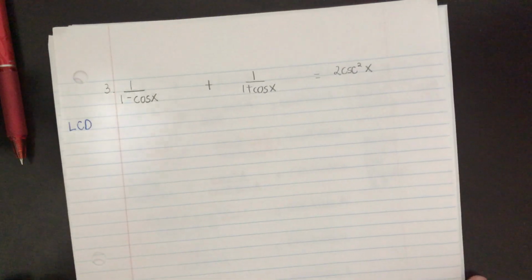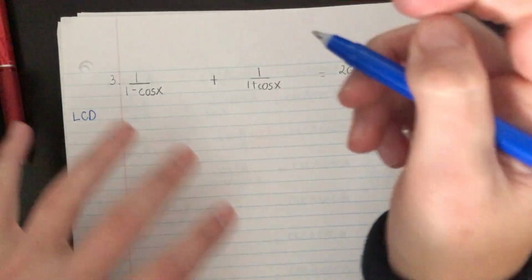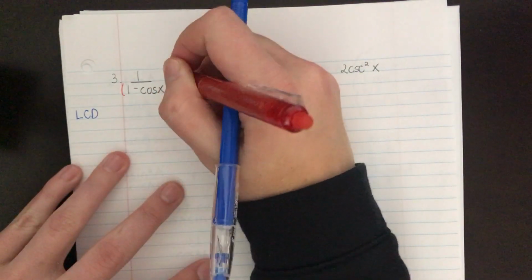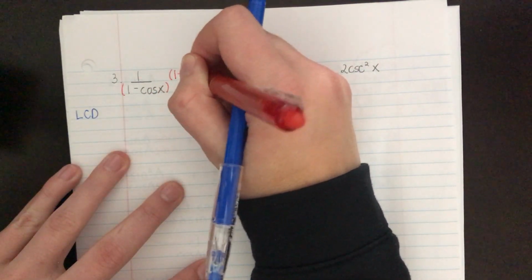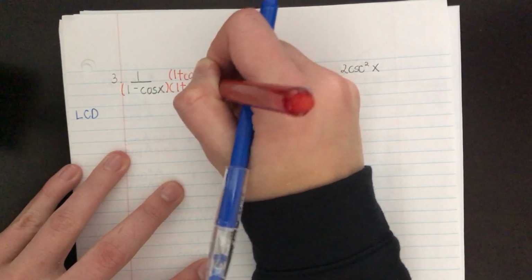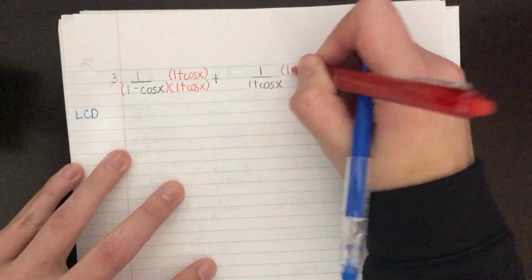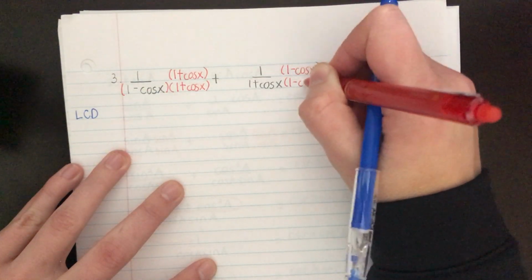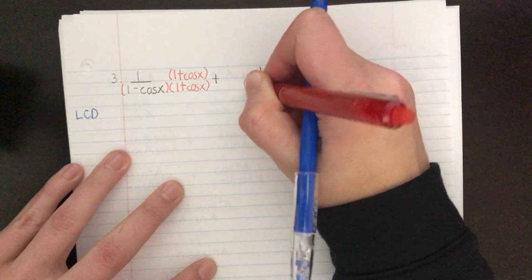So LCD first. So you're going to multiply this by 1 plus cosine of x, this by 1 plus cosine of x, this by 1 minus cosine of x, this by 1 minus cosine of x.